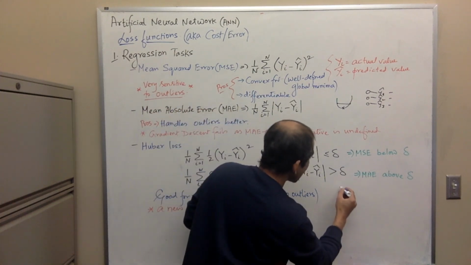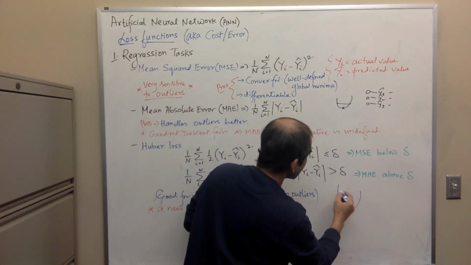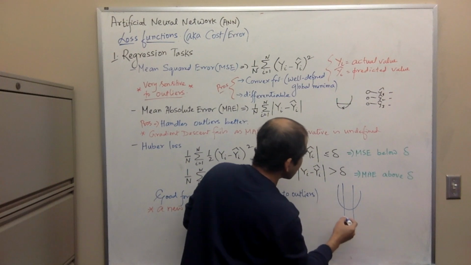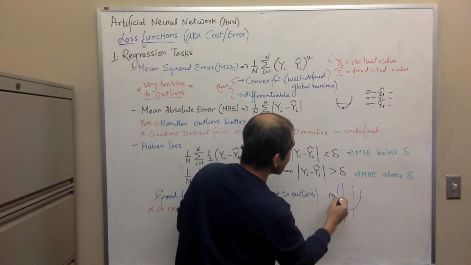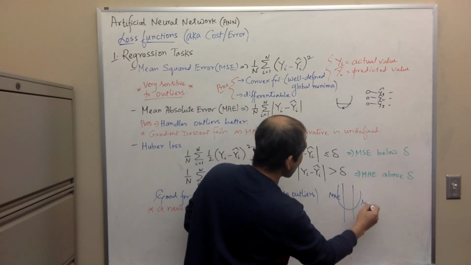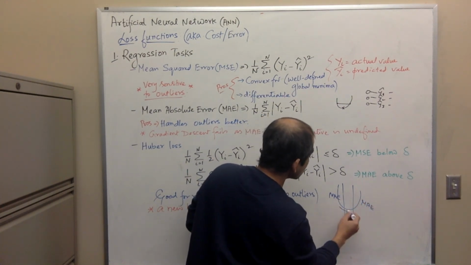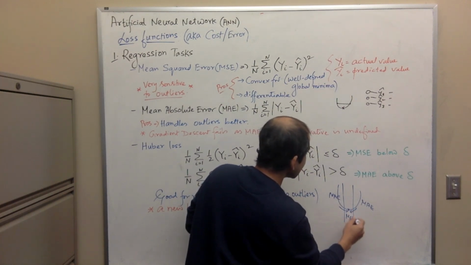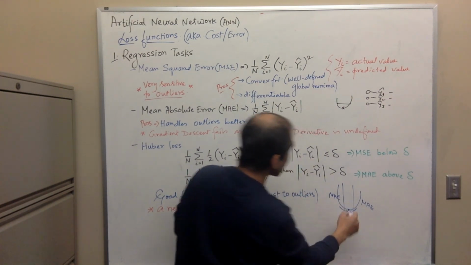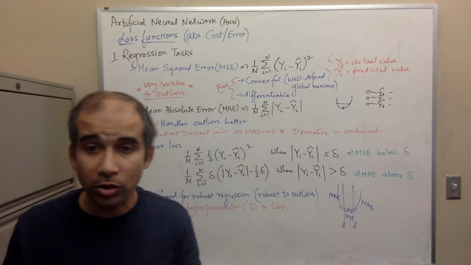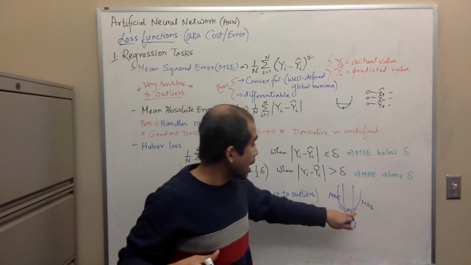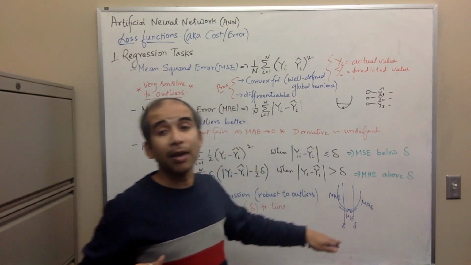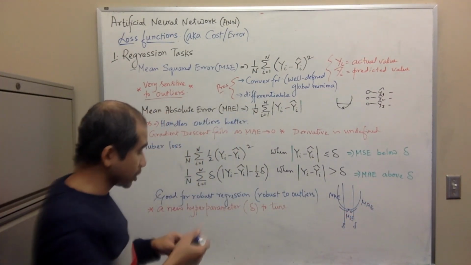Let's say we have a graph like this: when the error is too much, we use this part, MAE, and also this part. But when we are coming close to the global minima, that time we use MSE. These two values are like thresholds, above which we will use MAE and below which we'll use MSE, in both directions.